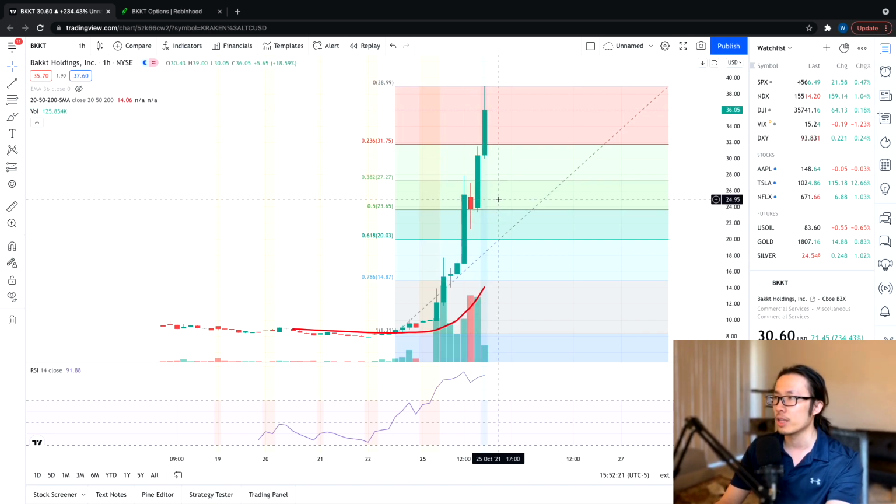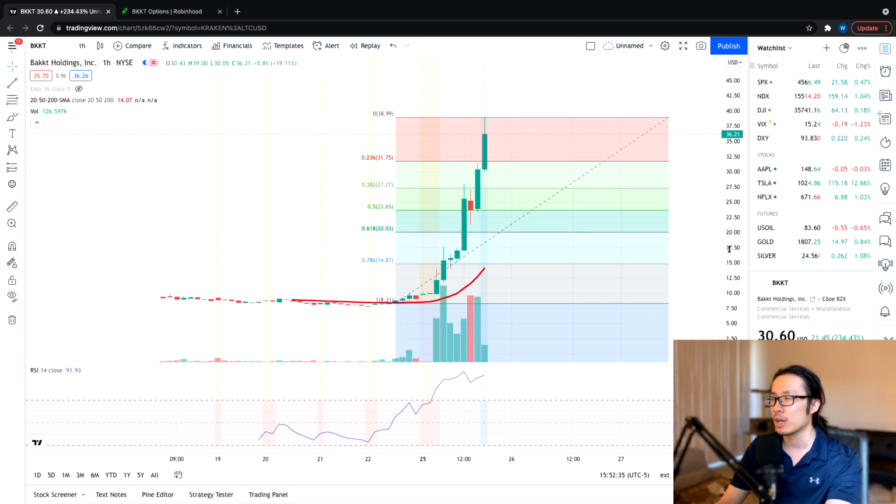So this is the area that I'm going to buy, and I'm looking to sell some once it bounces to 27, sell some once it bounces to 28, and sell the rest around 31-ish. Not sure if I want to hold this stock for a longer time frame. I don't know if it's going to make the all-time high again or surpass it. If it does surpass the all-time high, then that's a different story.